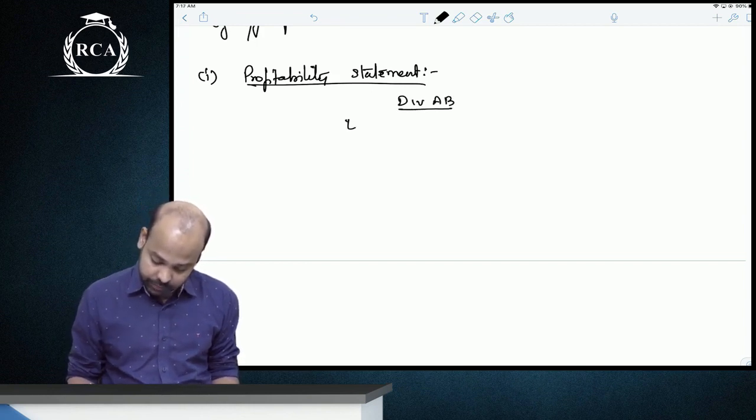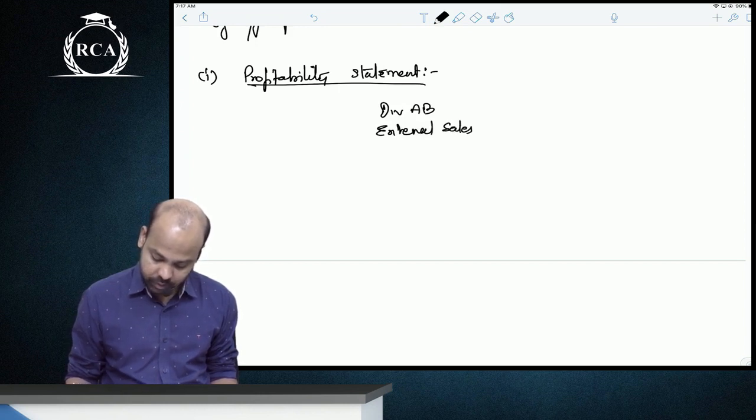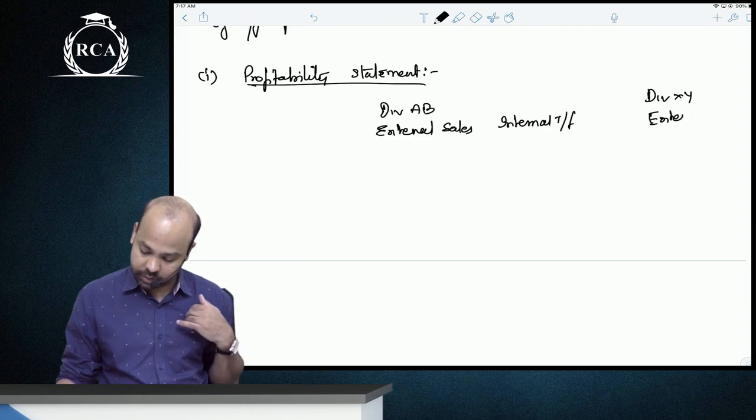Division AB guys, there are external sales and then beta there are internal transfers. Then division XY guys, there are just external sales.